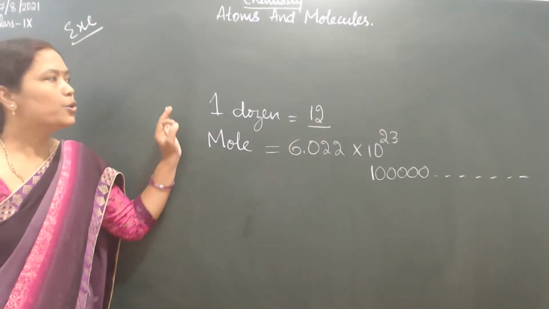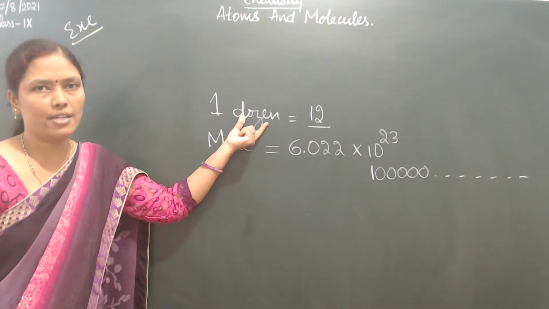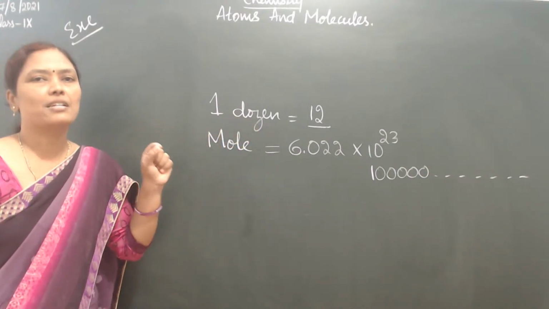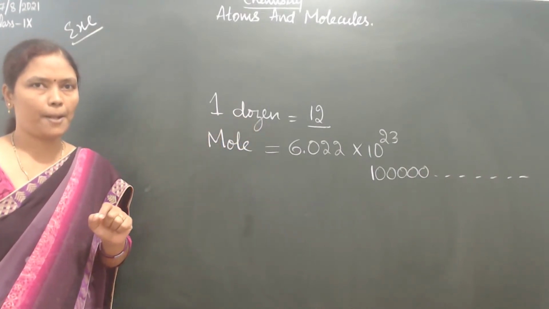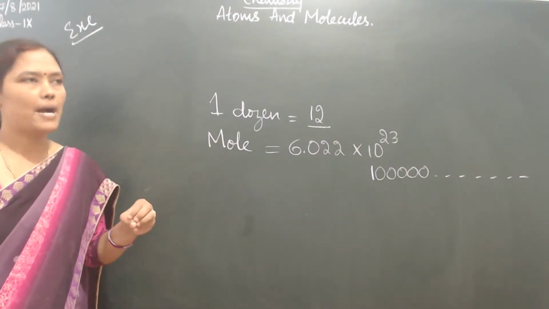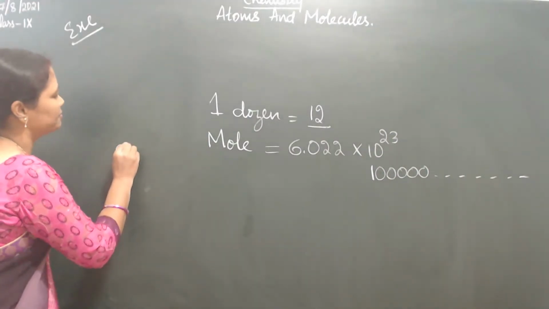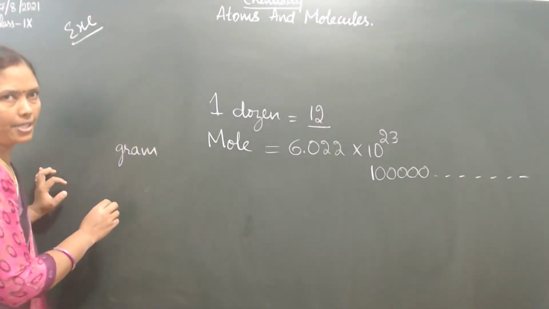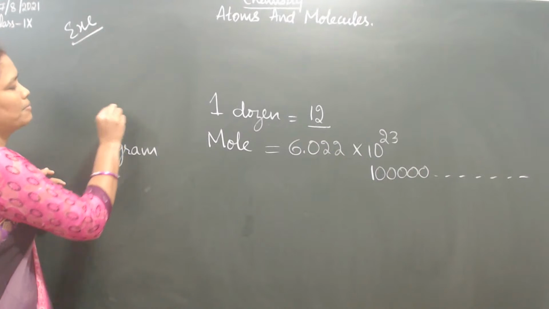To measure objects in our day-to-day life, we measure the mass in terms of gram units, that is gram, kilogram, milligram.